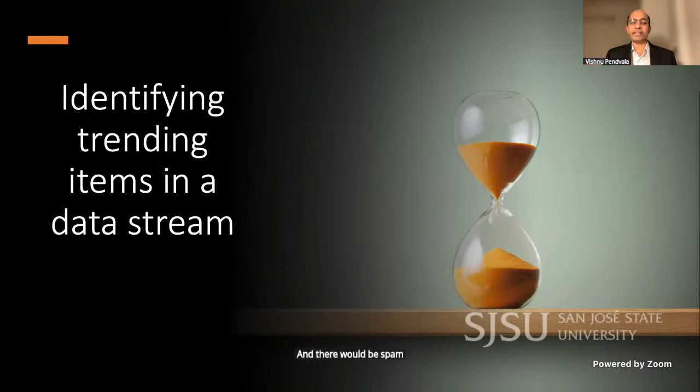A lot of people, or even robots for that matter, might be artificially pumping tweets to boost discussion about some topics. That is all spam. We don't want those kinds of keywords to be identified by Twitter, right?